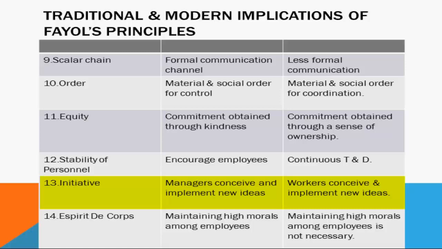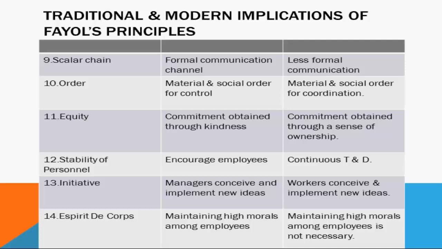The last principle, 14th, is Esprit de Corps. For that principle, the traditional implication is maintaining high morale among employees is essential, whereas modern implication is maintaining high morale among employees is not necessary. As already explained under this principle, that is Esprit de Corps, according to this principle, Fayol has said that management should take reasonable steps to develop a sense of belongingness and feeling of team spirit among employees.